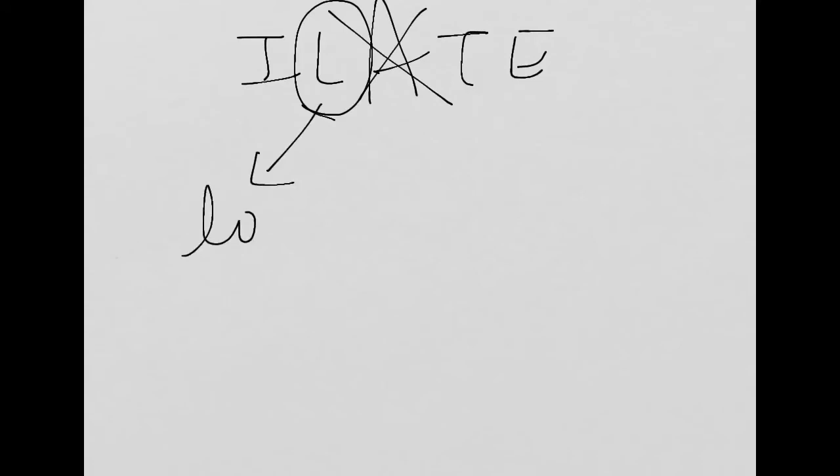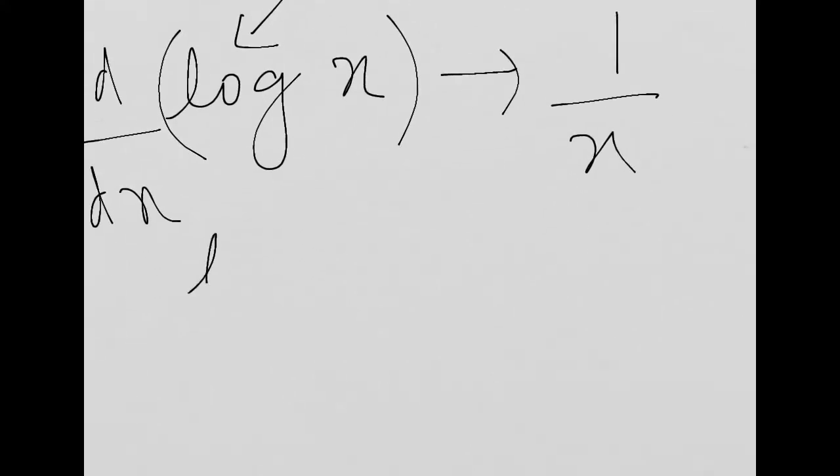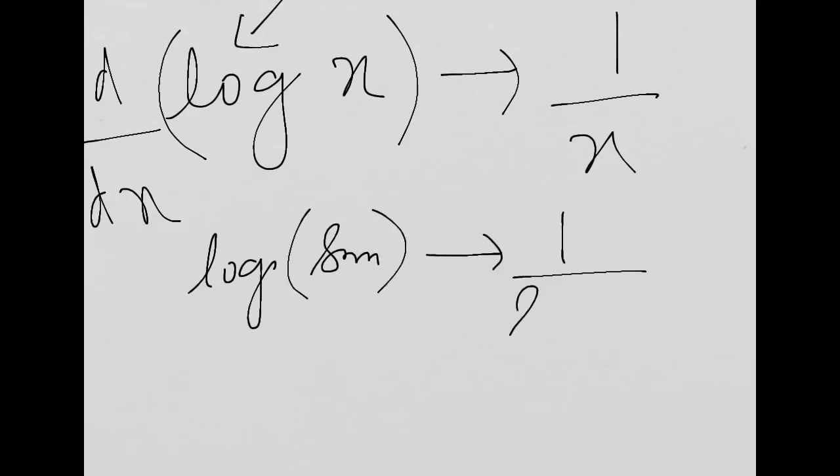L stands for logarithmic functions. So the question can be, what is log x on differentiation with respect to x? Log x on differentiation is 1 by x. How to generalize it? Guys, know that a log something on differentiation should be written as 1 by something, into, please differentiate that something and write next to it.